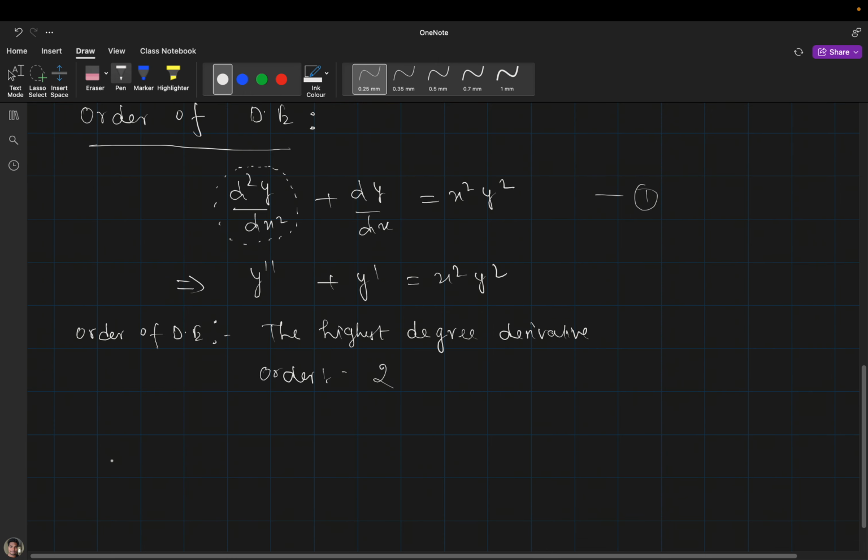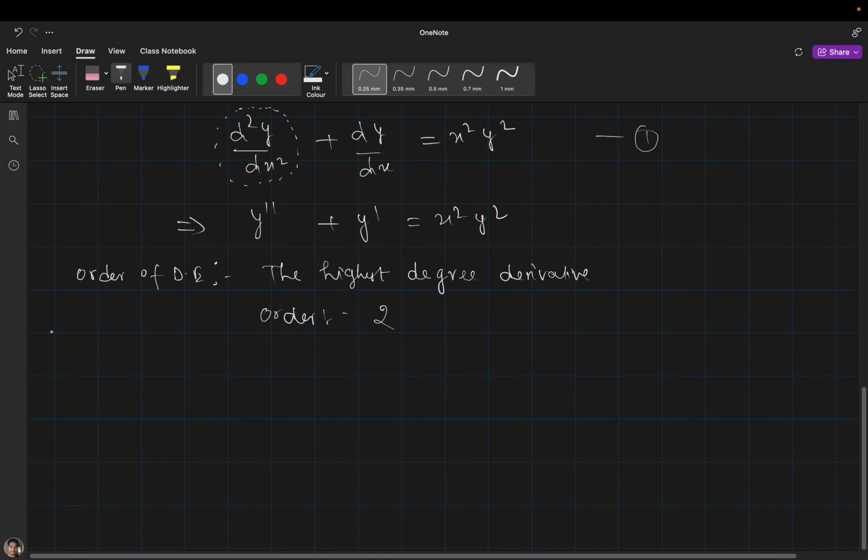Now let's talk about what is the degree of a differential equation. These two are different things. So the degree of a differential equation is the degree of the highest order derivative.